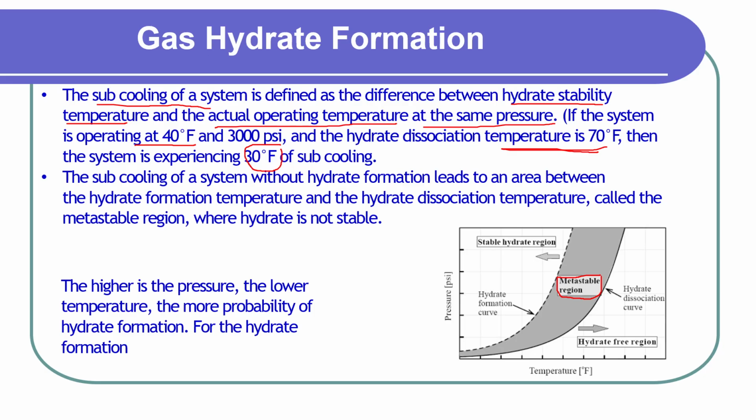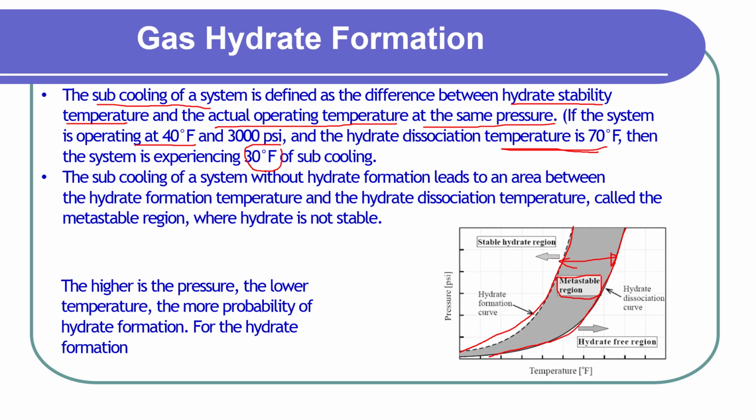Now, the subcooling of a system without the formation of further hydrate means that you have the area between the hydrate formation curve and the hydrate dissociation curve. The difference between the two is what we call the metastable region, which means that you are further cooling the system, but in fact you are not forming more of the hydrate.